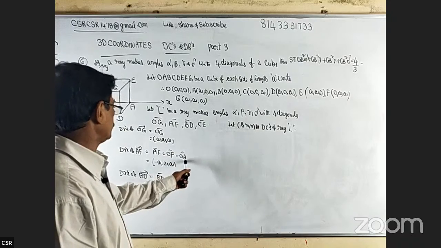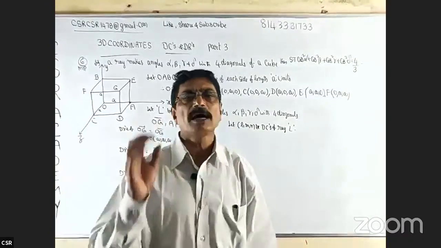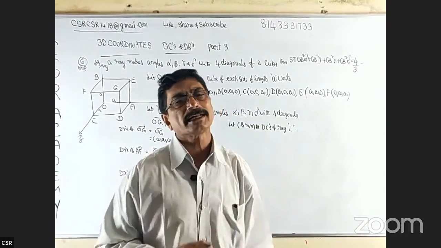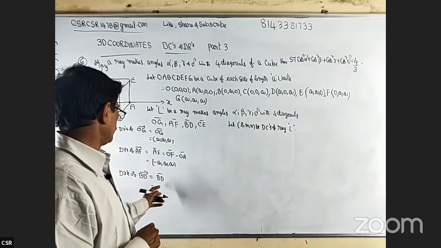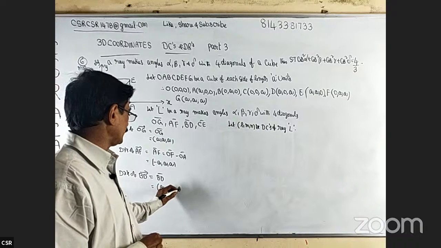No need to write it. If you write it, the same problem is in Maths 1A, in vectors also; there also we can write this. So for both, this is enough. BD means A, minus A, A.